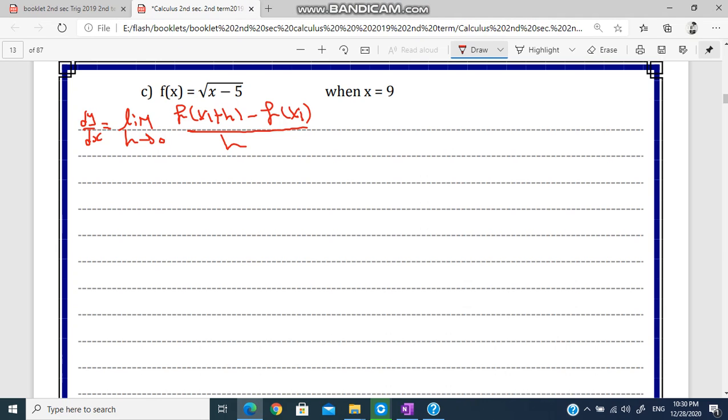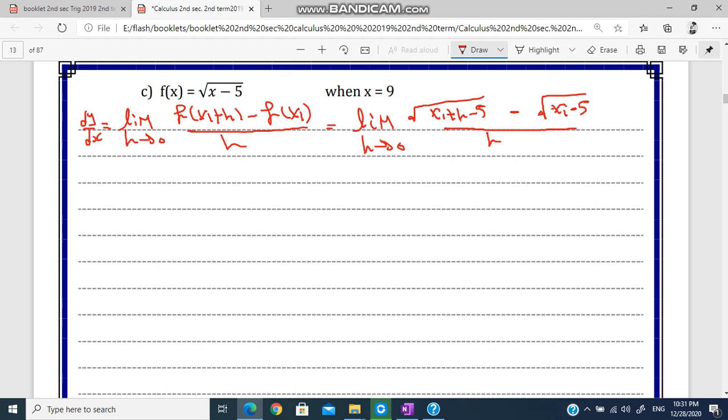So it will be the limit as h approaches 0 of root of (x1 plus h minus 5) minus root of (x1 minus 5) all over h.